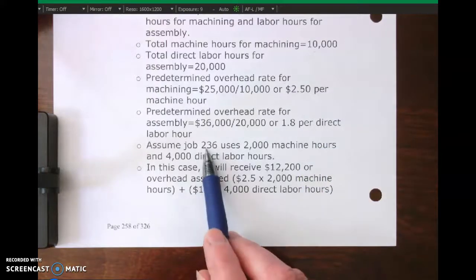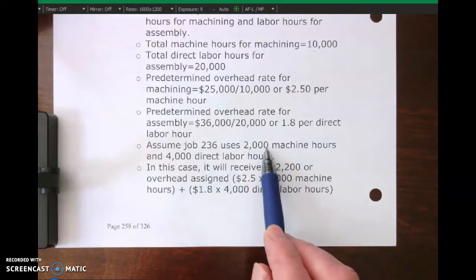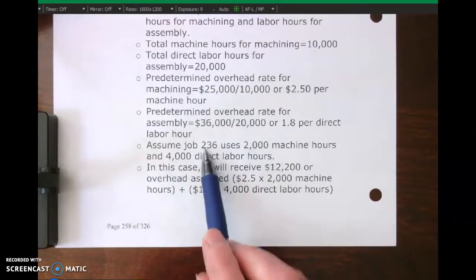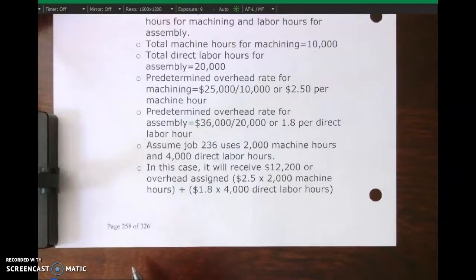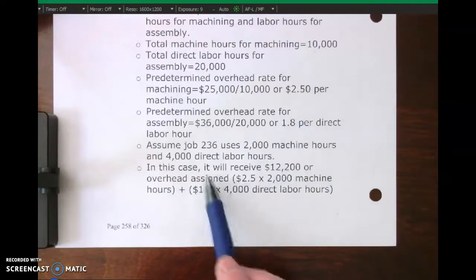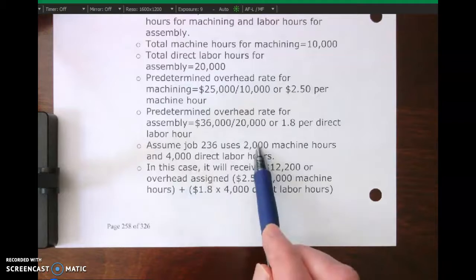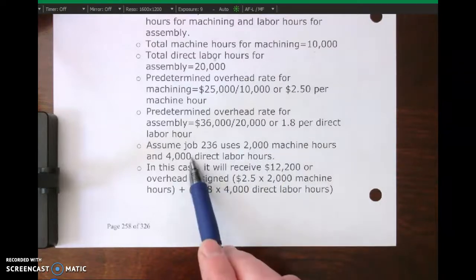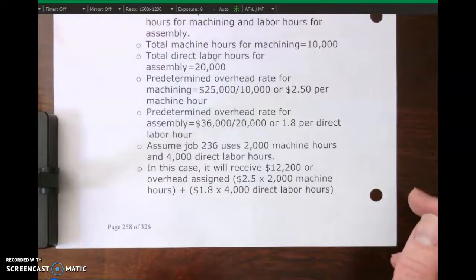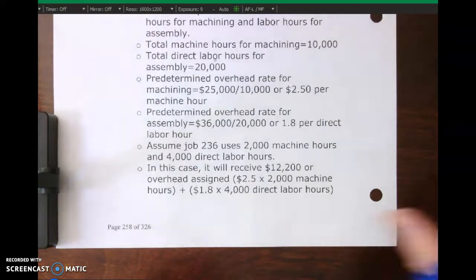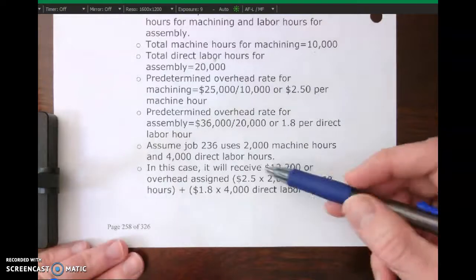Let's assume that job 236 uses 2,000 machine hours and 4,000 direct labor hours. Let's figure out how much overhead it will receive. We take our rate, $2.50, times the amount of allocation base used, and that helps us figure out the total overhead for our job.